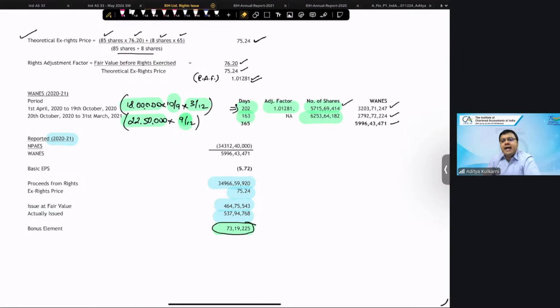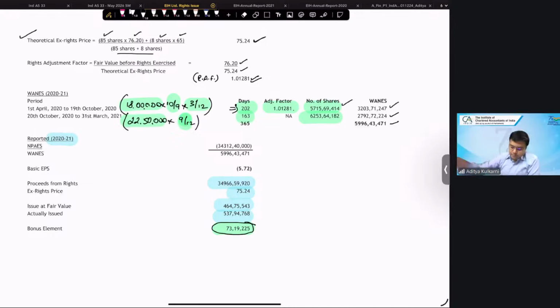Yes, exactly what we have been doing. Anything different? No, sir. No different, right? So the rights adjustment factor is the fair value before the rights, that is 76.2, over the ex-rights price 75.24. So the rights adjustment factor comes to 1.01281. This is your rights adjustment factor.